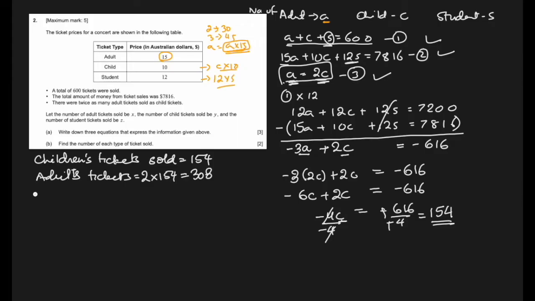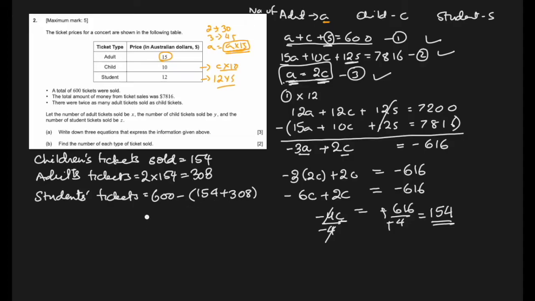And they said a total of 600 tickets were sold. So what is the third type? Students. So add these two. It will be equal to 600 total minus, we'll subtract the previous two, 154 plus 308, which will be 462.